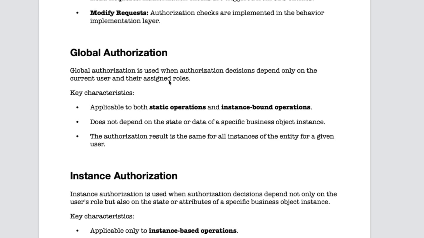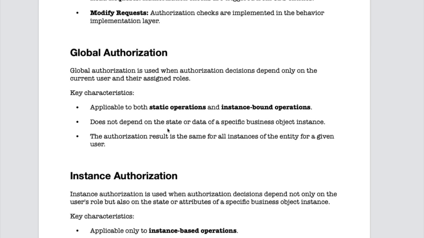Global authorization is used when the authorization decision depends only on the current user and their assigned roles. So based on the assigned roles of a user, we need to perform the operations in the case of global authorization. What are the key characteristics of global authorization? It is applicable to both static operations and instance bound operations.